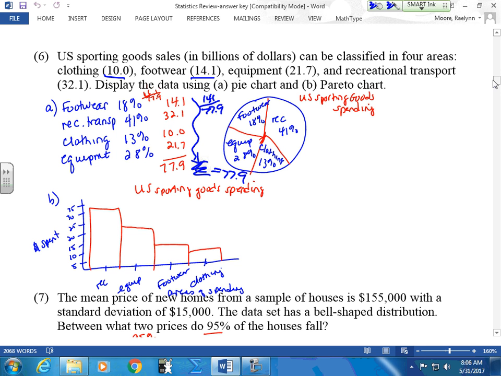It's 32.1 over 77.9. That gives you percentages. Your circle graph has to have percents on it. Do not give me the values on there. All the percentages need to add up to what? 100.